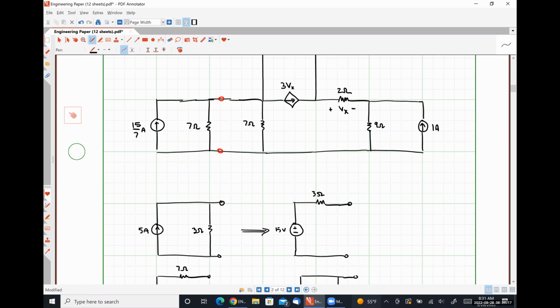And now I can easily see that I have those two 7-ohm resistors in parallel. So that's going to look like what? 7 in parallel with 7. 3.5. Right? Anytime you have two equal resistors in parallel with each other, the equivalent resistance is just half.